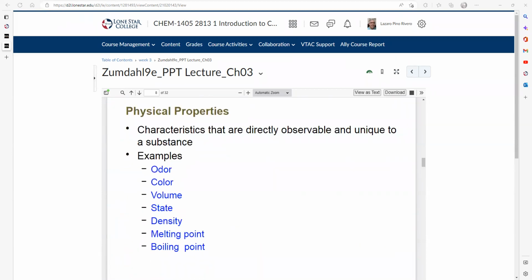The physical properties are those that you can observe directly, and they are unique for a substance. Example: the odor, the color, the volume, the state, the density, the melting point, and the boiling point.